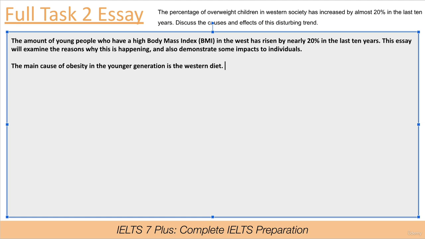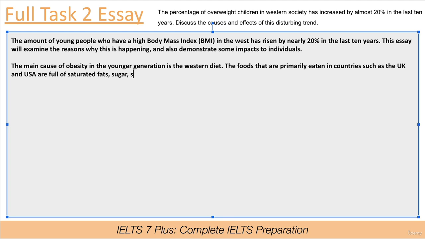Okay, so the foods that are primarily eaten in countries such as the UK and USA are full of saturated fats, sugar, salt, and E numbers. Okay, so we're laying out what's happening here, why the diet is so bad.